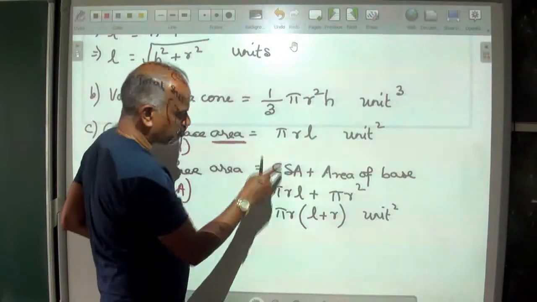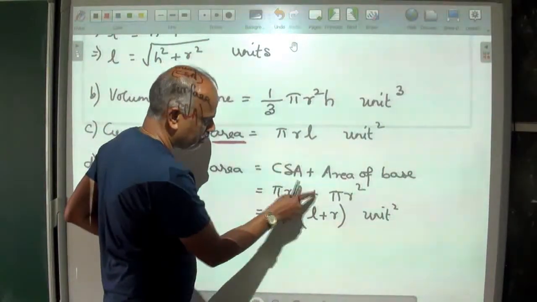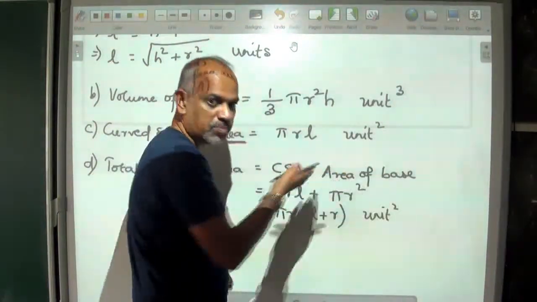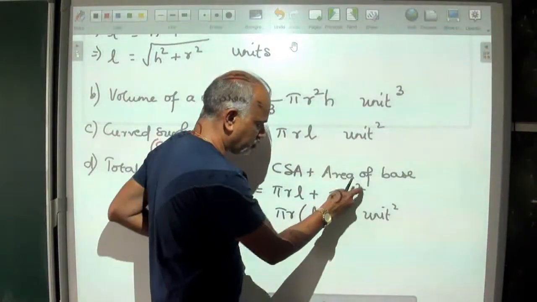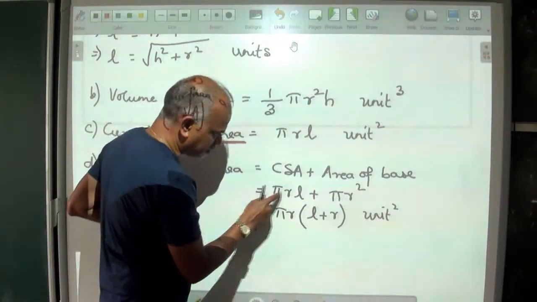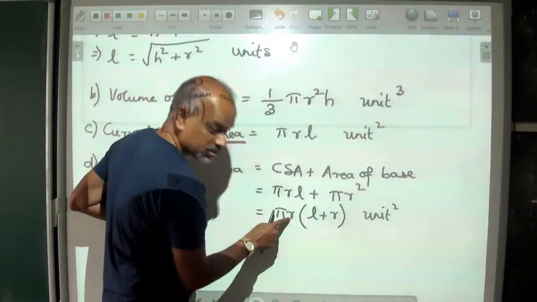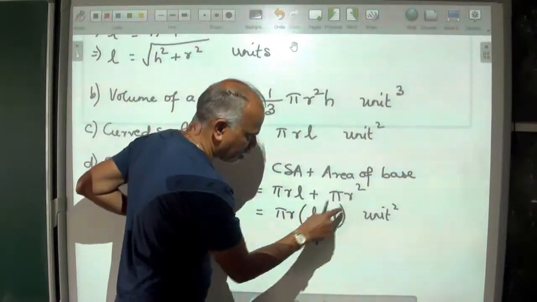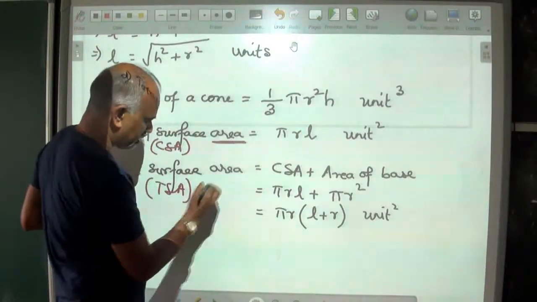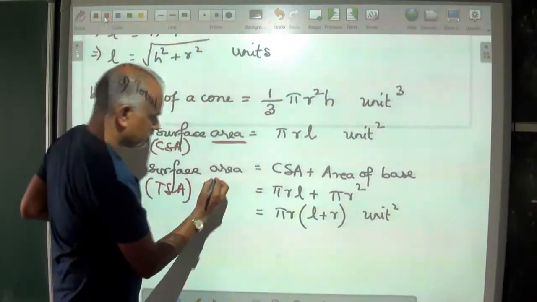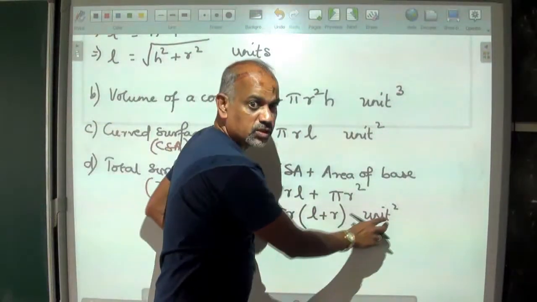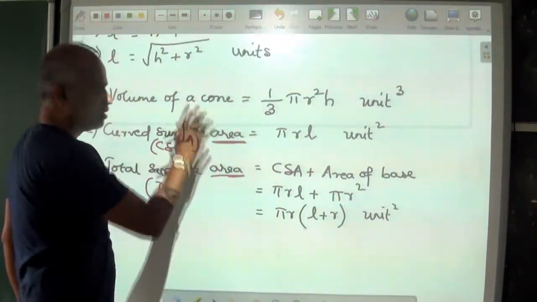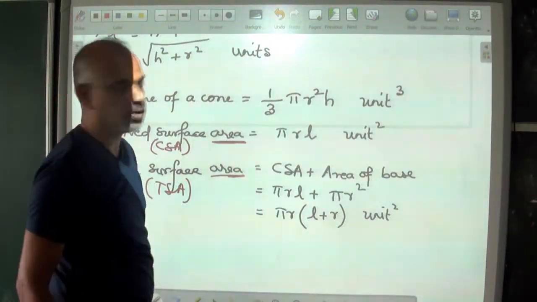Curved surface area is pi r L plus area of the base, pi r squared. Common here is pi and one r that I removed. So see what is left: pi r times L plus r. Since you are finding area, again unit is unit squared. So these are a few formulae that you have to know about a cone.